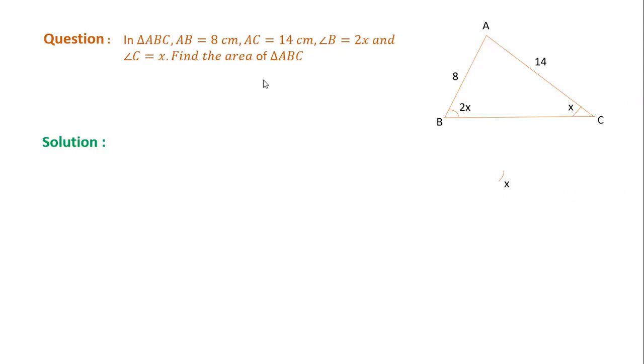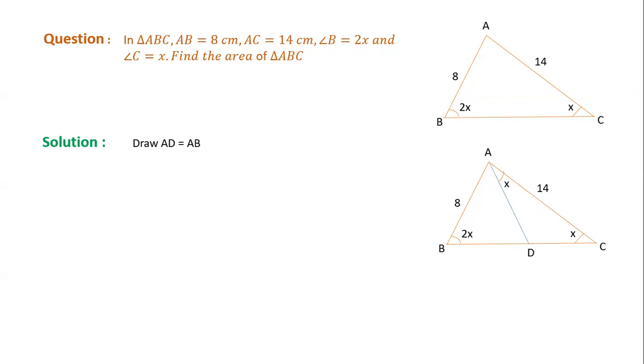The solution. So this is the figure. Now in this figure, first we try to draw AD equal to AB. We want to draw a line AD which is equal to AB, that means it is going to be equal to 8 centimeters. So this is AD.